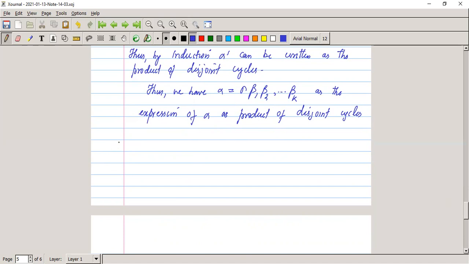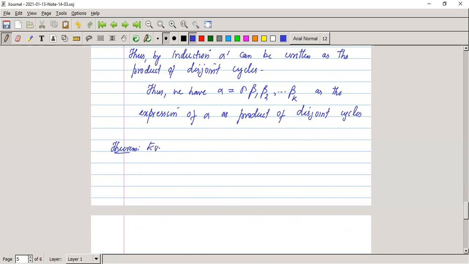Now in the previous lecture we had already shown that every cycle can be written as a product of transpositions. Here we make one more statement, let's write it as a theorem. Actually it is an easy result.